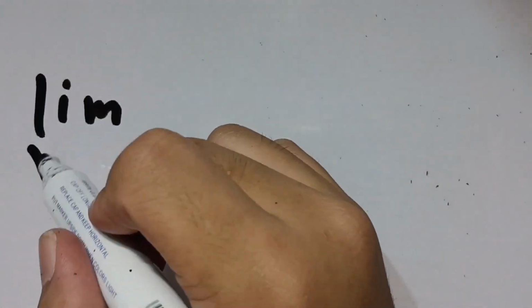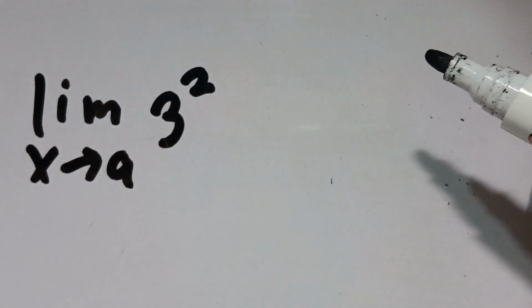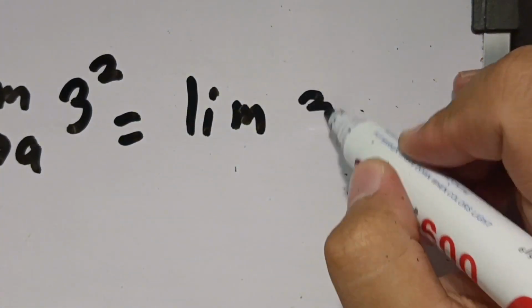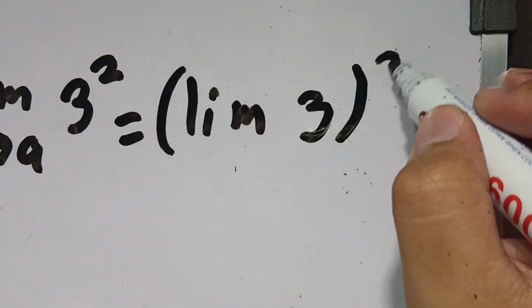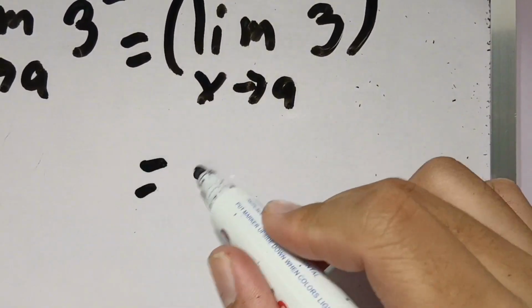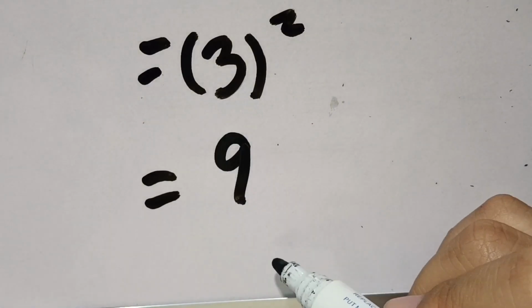So here we have the problem. The limit of 3 squared as x approaches a, where we put the exponent outside of the parenthesis. We then simplify and multiply 3 by 3, which is 9.